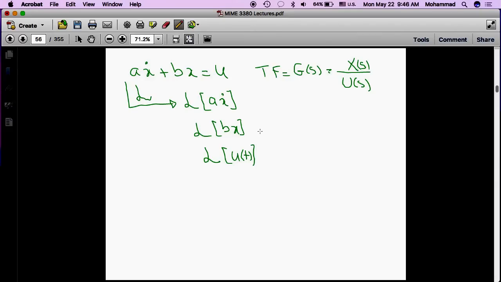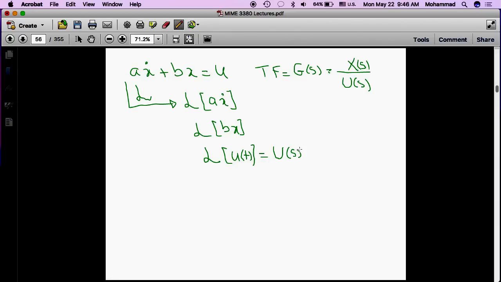It's fairly simple to transform a function in time that is not determined. I don't know what u as a function of time is. It's just a function of time. So when it transforms to s, it's as simple as writing it as capital U of s. That's it, because I don't know what function it is.